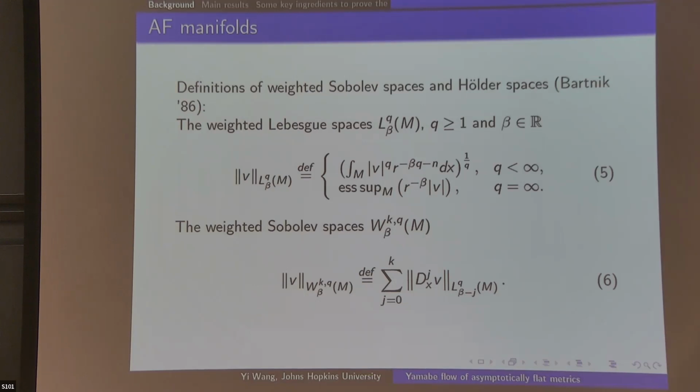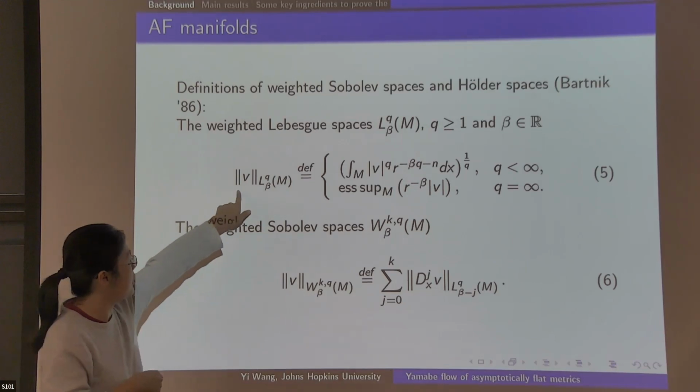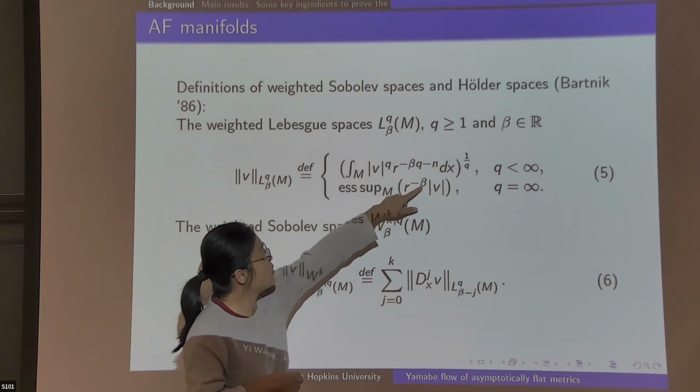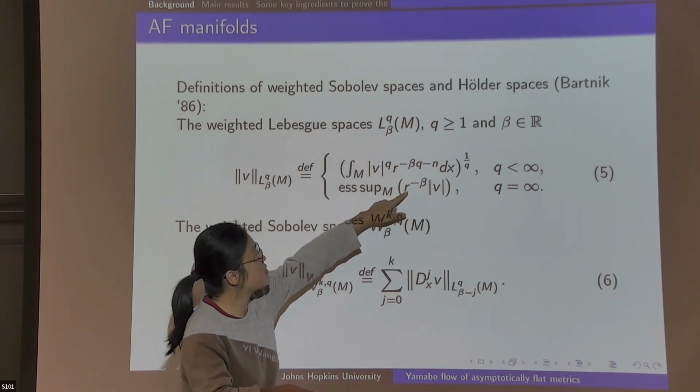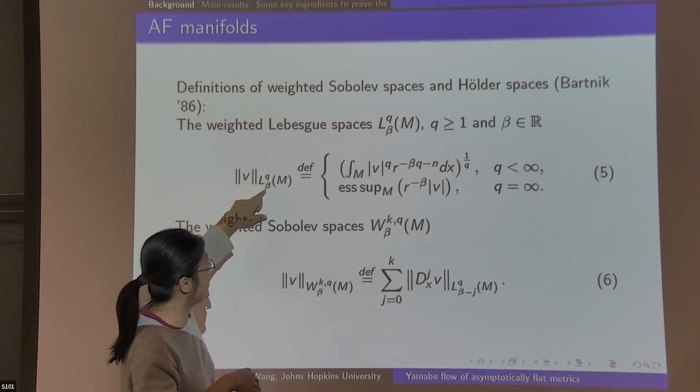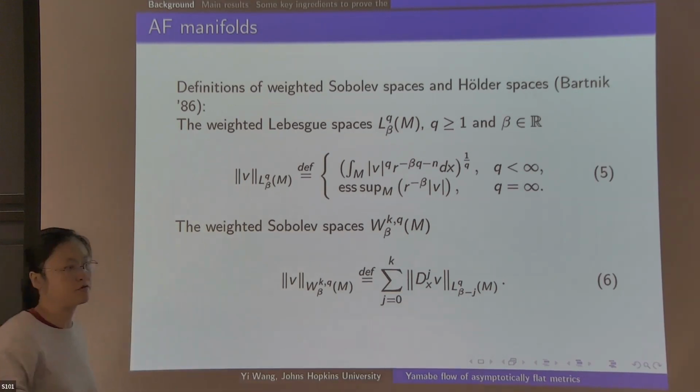It looks like a complicated formula, but they are just weighted L^p space and W^{k,p} space, the Sobolev space, obtained by adding a suitable power of r at infinity, so that the function is in L^p, and in the meanwhile the function behaves roughly like r to the beta power at infinity. Here beta is a real number, so it allows growing as well as decaying. At this moment, it's not necessarily a positive number.